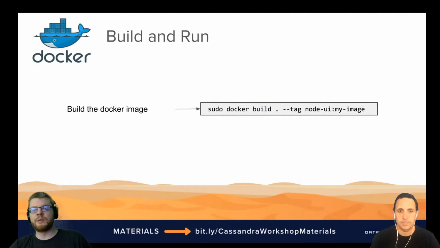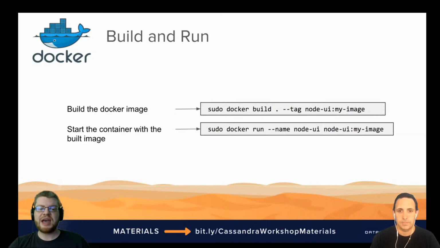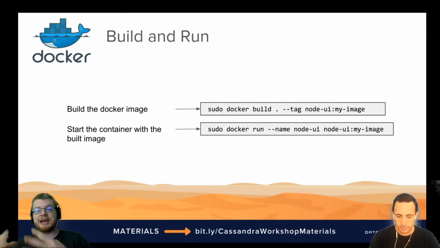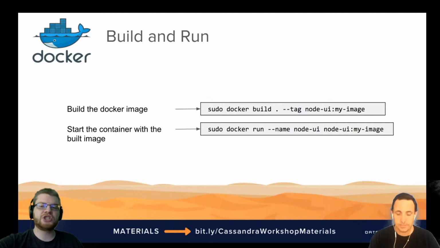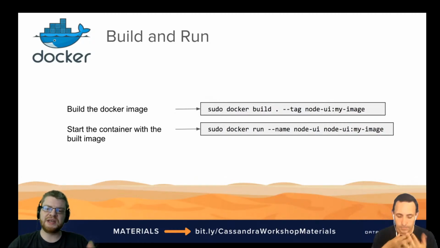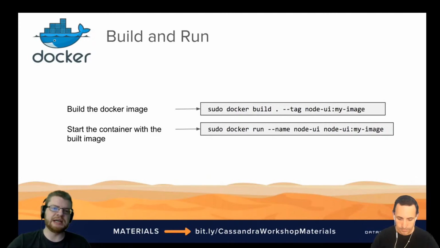So we're building that image. Then we do a docker run, and that will take that image and use it to build a container. So it's really good to understand the difference between an image and a container. The building of the container uses the image, and the building of the image uses the Docker file. It's just a nice little progression.